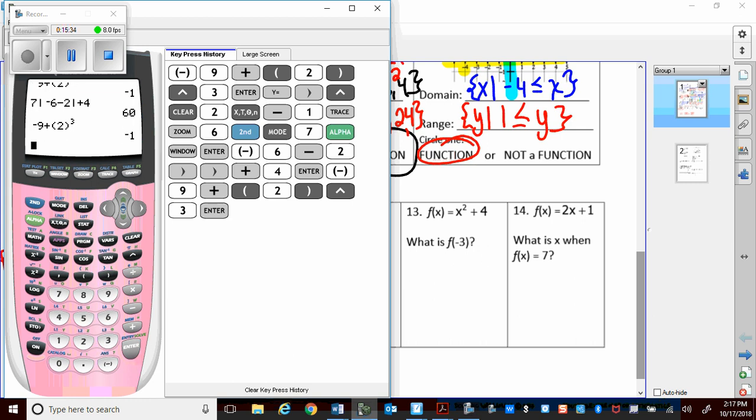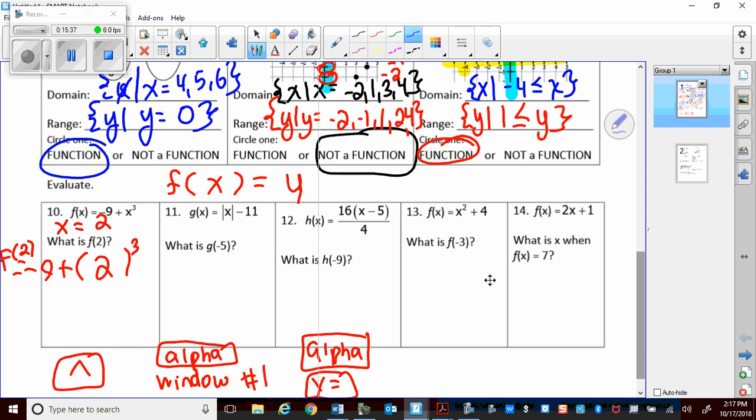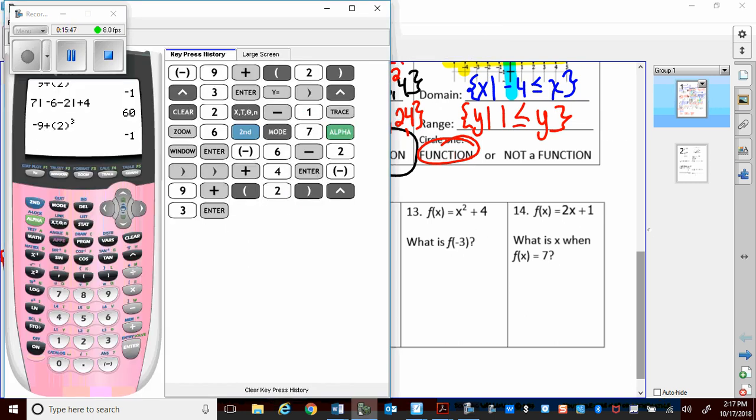There's your answer. Equals -1, and I circle it. Number 11, absolute value. I press alpha window and press enter on number 1 and type what I need to type in there. Is anybody confused?